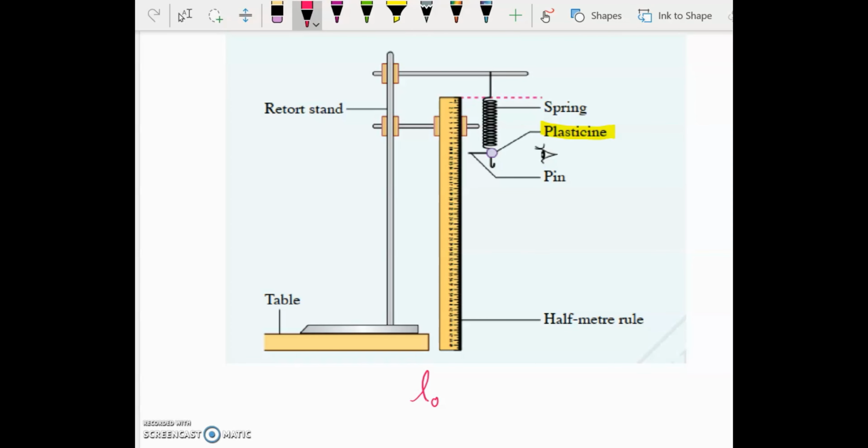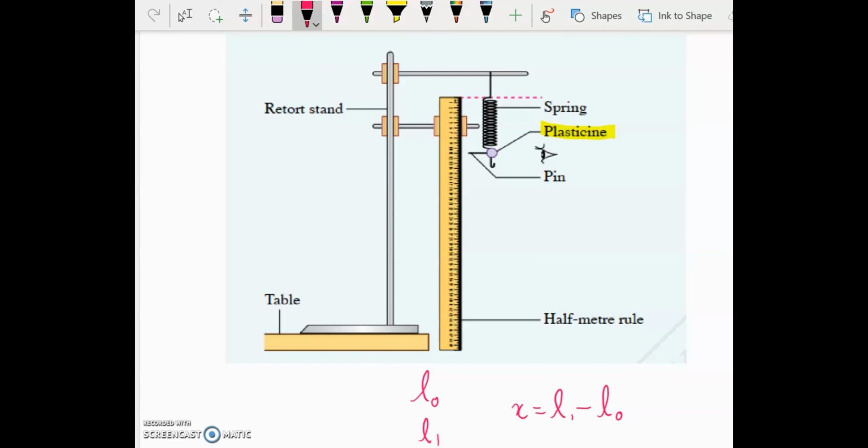And then when we place the load, which is a plasticine of a certain specific mass, the spring will extend to a certain length, which we can call L1. So the experiment here is to investigate the relationship between force and extension. And the extension here is given by the length when the load is placed minus the original length.